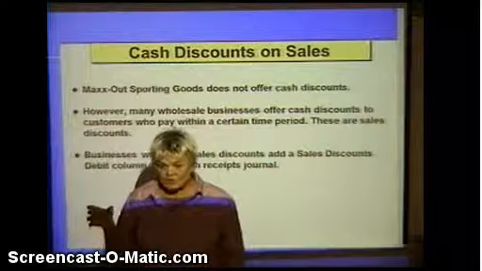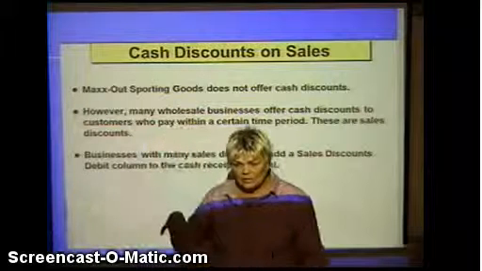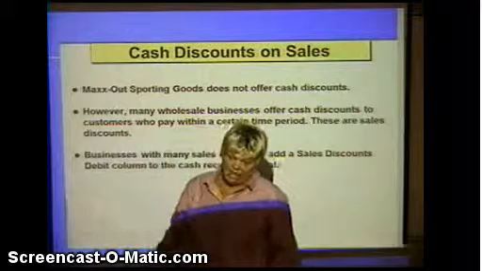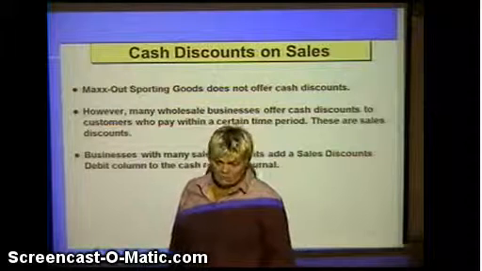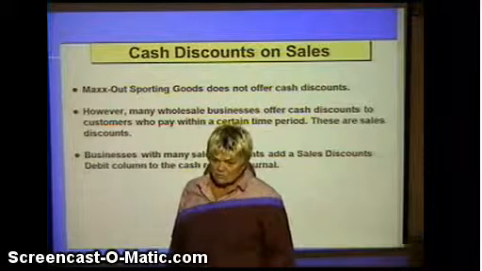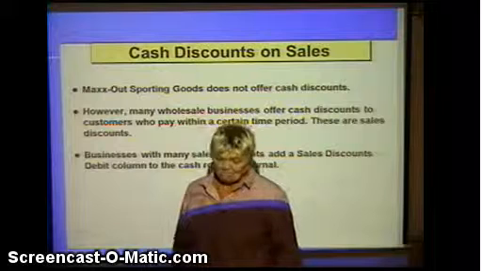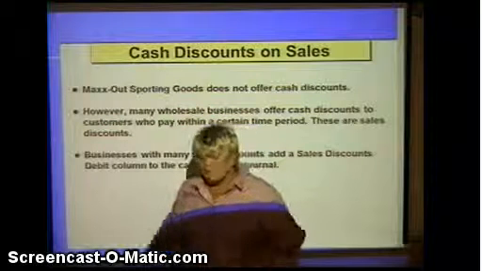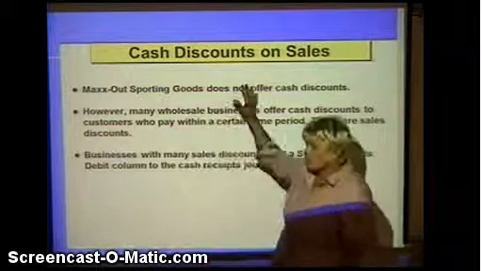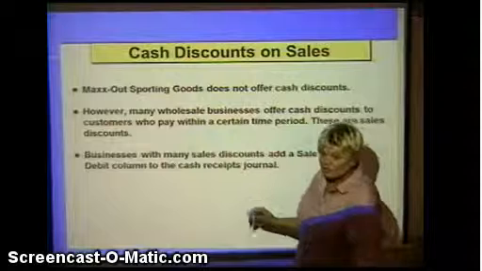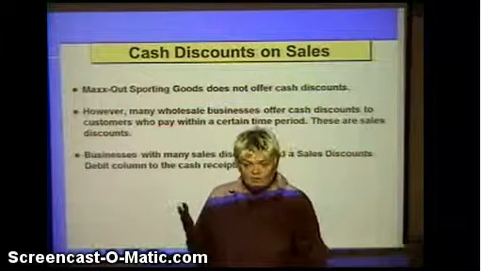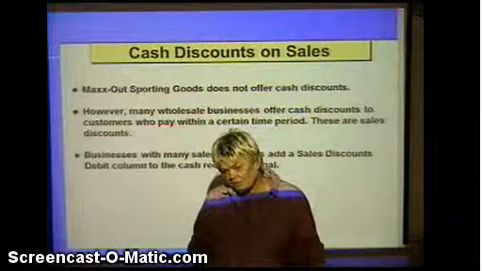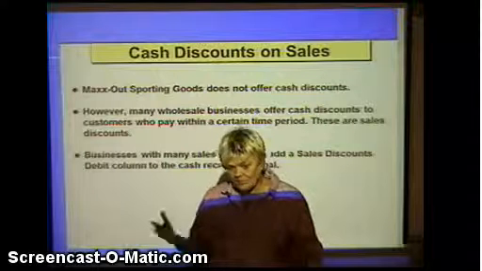Like Christmas: a lot of people, for the month of Christmas, will have lots of discounts. So for that month, you might want to put a column in here because you do a whole lot of sales discounts. If I'm doing a lot of them and I don't want to post those daily, remember the posting issue, I would put a column so that I could post that column at the end of the month.